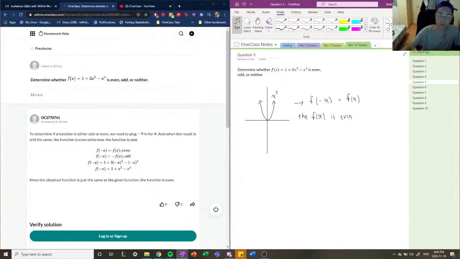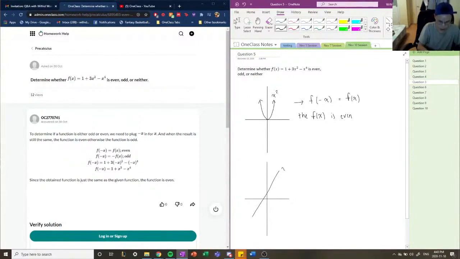What about odd functions? A very good example of an odd function is just the line x, or some other line, let's say x plus 1. This is an odd function because if f of negative x equals negative f of x, then f of x is odd.